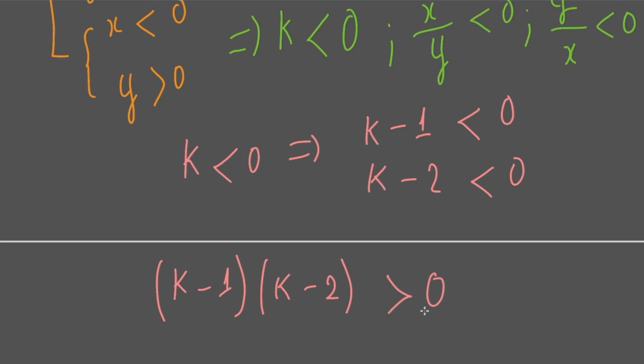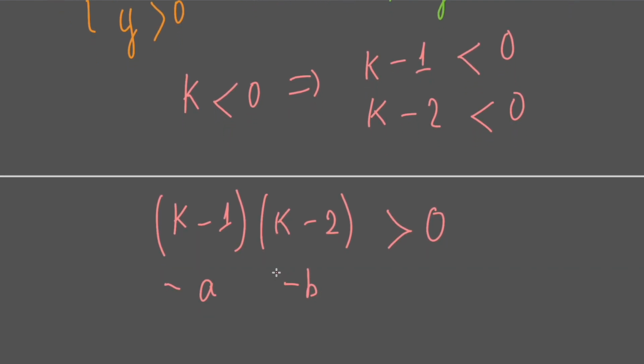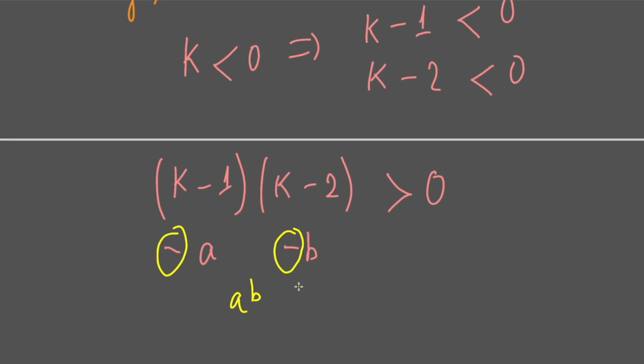Because these are negative numbers, something like negative a is a positive number, and negative b is a positive number. We will eliminate the two negative signs here, then this will become a multiplied by b. And then we know a and b are positive numbers, so the product of a and b should be greater than 0.